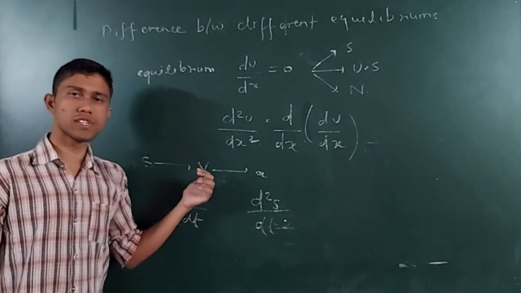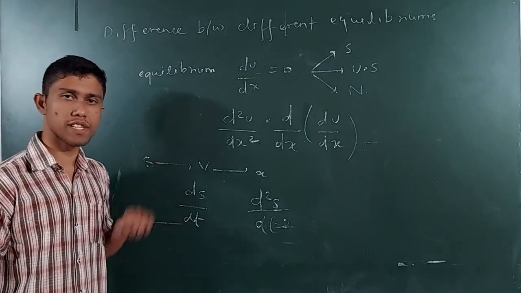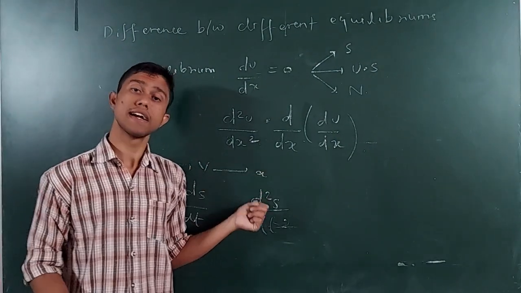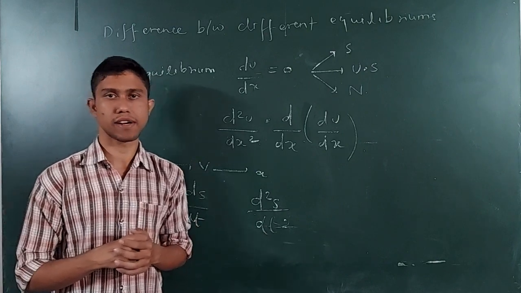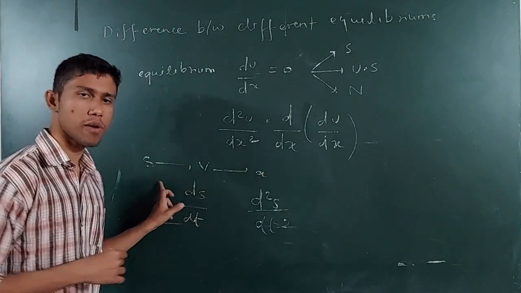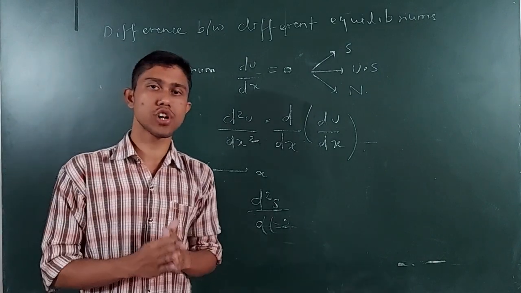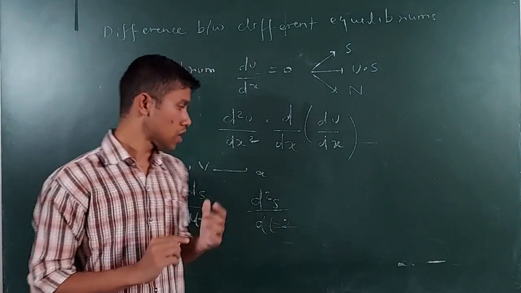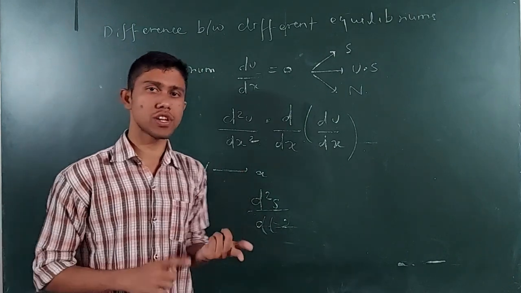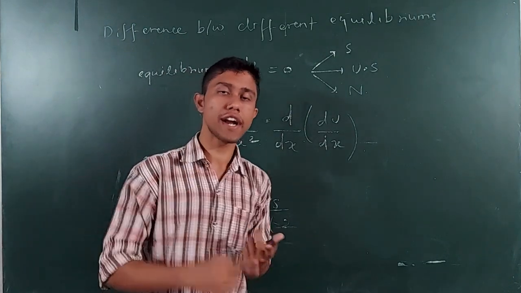So I can say that velocity is obtained by a single differentiation of displacement, whereas acceleration is obtained by double differentiation of displacement. Velocity is the rate of change of displacement. But what is acceleration?